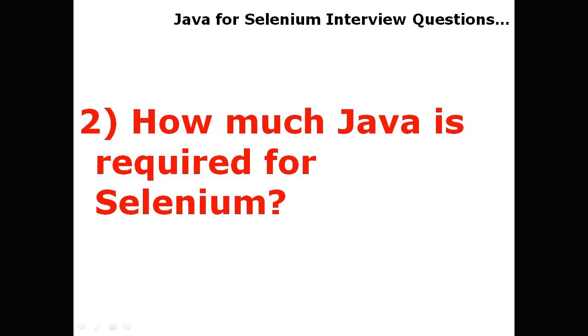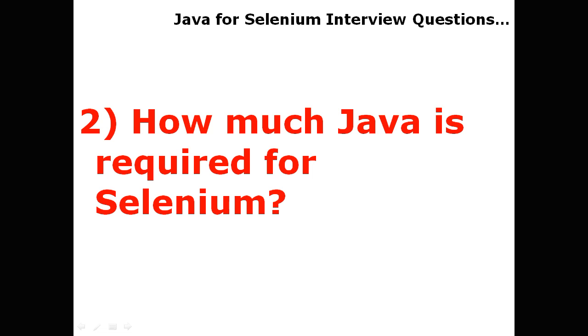Next, string handling. Next, file handling in Java. Next, Java IO operations, input and output operations. Next, arrays and array list in Java, constructors, methods, predefined and user defined methods, exception handling, and comments, etc.